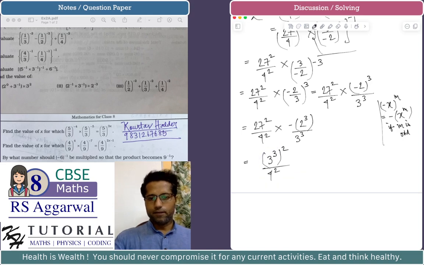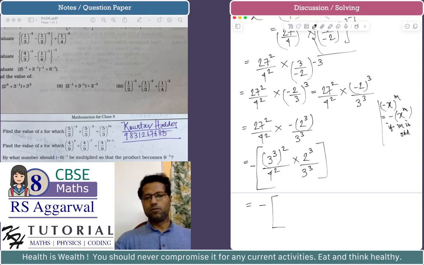So we have negative of this multiplied by 2 cube divided by 3 cube. This is equal to negative of, now 3 cube whole raised to the power 2 is nothing but 3 raised to the power 3 into 2, that is 6. We have multiplied by 2 cube. Now the 4 can be written as 2 square, and we have whole raised to the power 2.